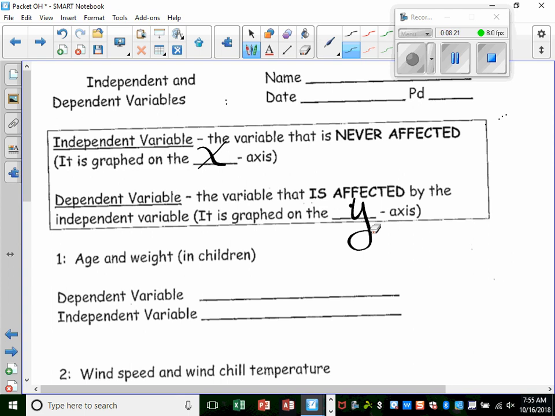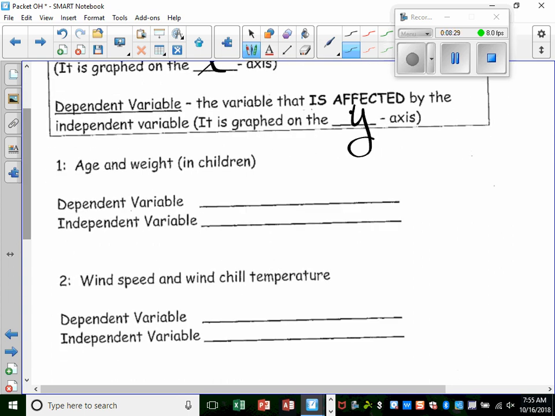So let's look at number 1, since you guys said you know a little bit about independent and dependent variables. We're talking about the age and weight in children. Let's identify the independent variable first. What is not being affected? Yes, the age. Very good.